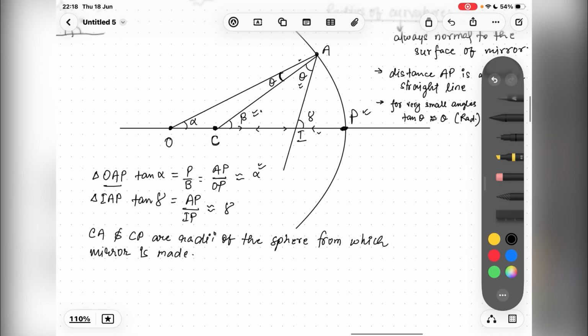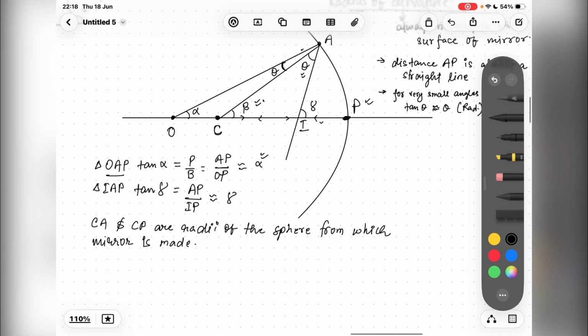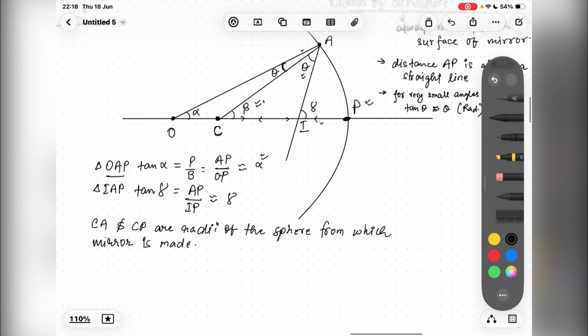Okay, so in triangle ACP, CA is equal to CP, so it will be an isosceles triangle.